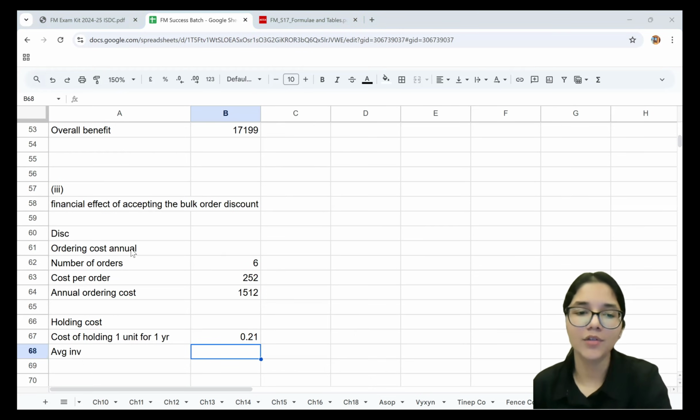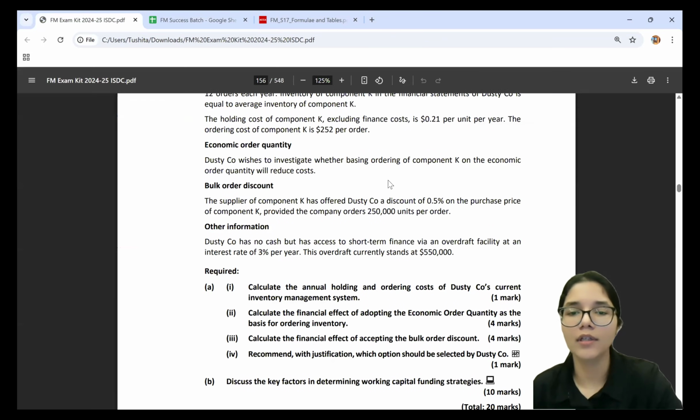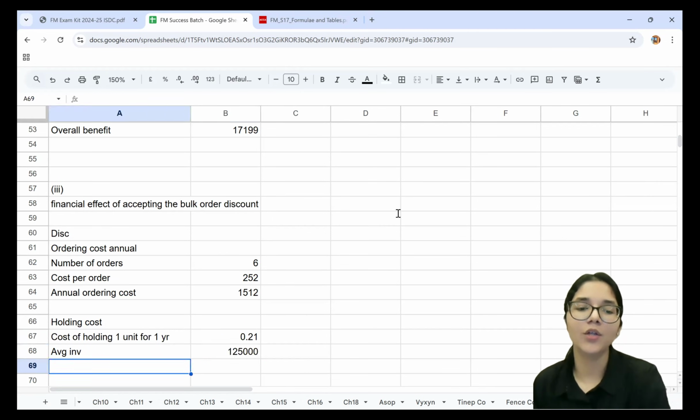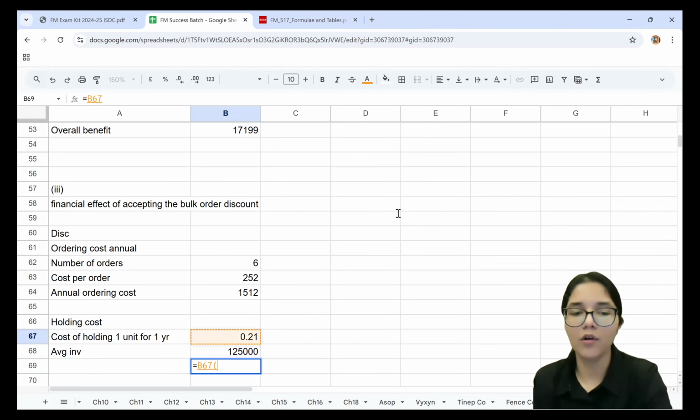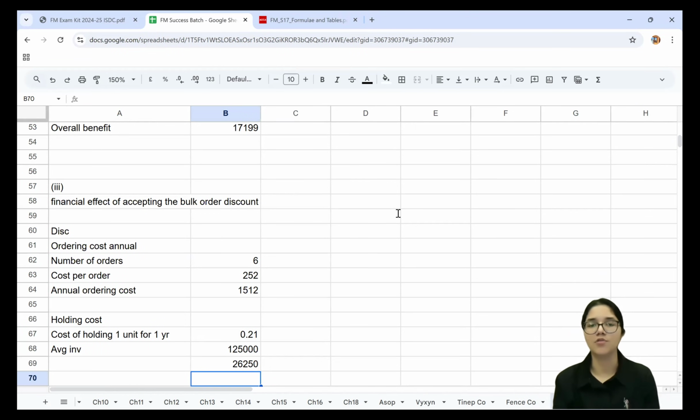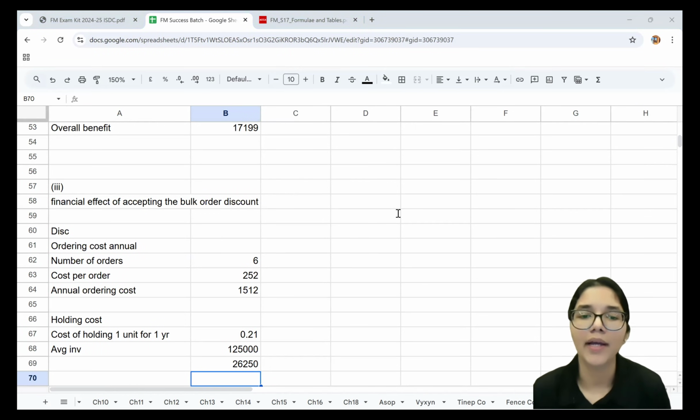So the order quantity will be 250,000 units per order. If I divide this by 2, this will give me my average inventory. So my total holding cost will be 0.21 times 125,000, which is going to be $26,250. So this is what my holding cost is going to look like.